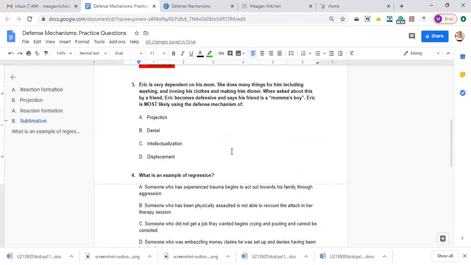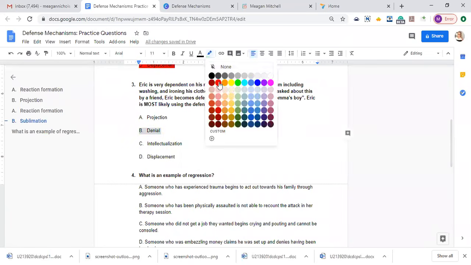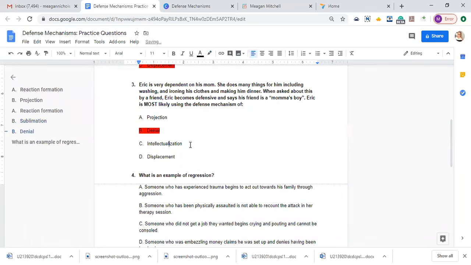He's not denying anything. Instead, he is projecting his thoughts of feeling dependent onto his friend by calling him a mama's boy. So we can get rid of denial off the bat. He's not denying that anything's happening. And intellectualization does not show that he's using any intellectual material or trying to learn more or anything specific.